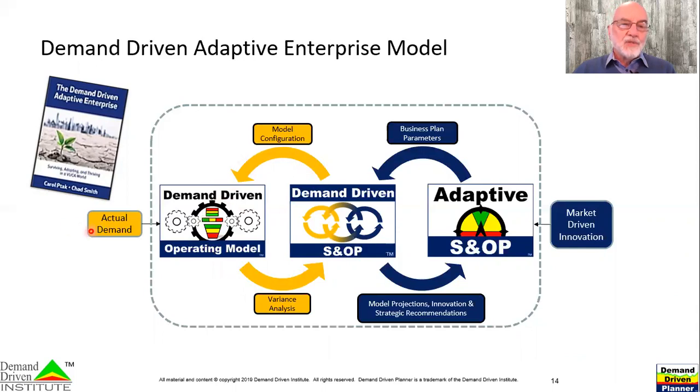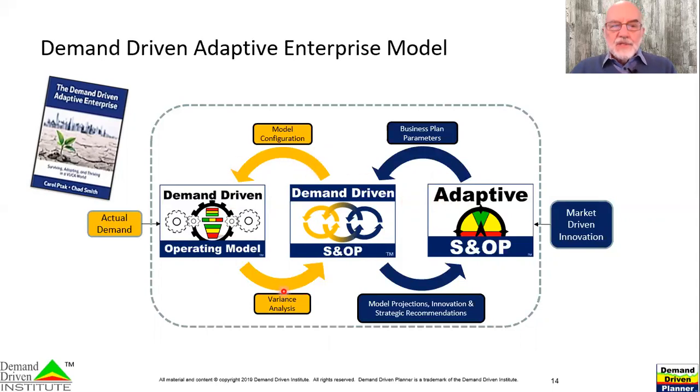This model is being driven by actual demand, not forecasts. At this point, this is where we bring our forecasts into the demand-driven S&OP process here, because what I want to do is to take my operating model and project it forwards using the forecasts to see how the model is going to change based on how I think the demand in my business is going to change.